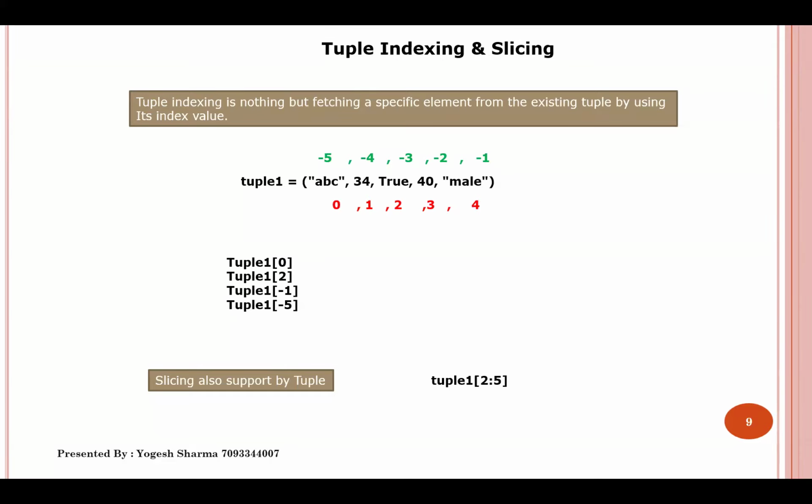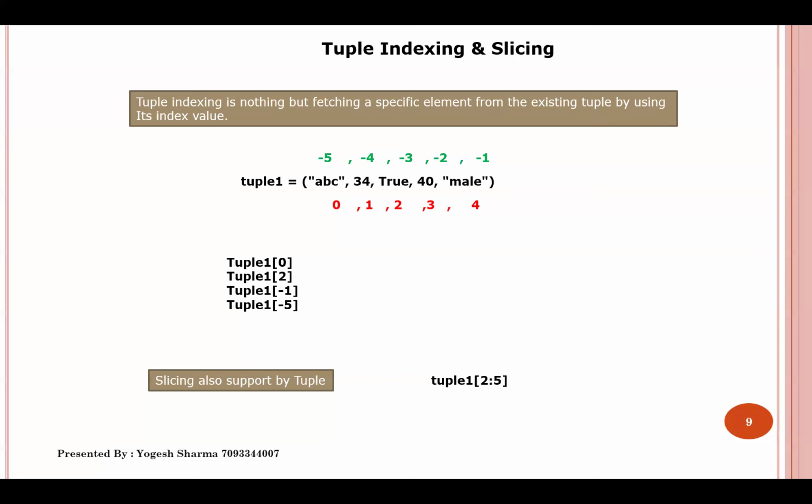Tuple supports both forward indexing as well as backward indexing. Forward indexing starts from 0, and backward indexing starts from -1.